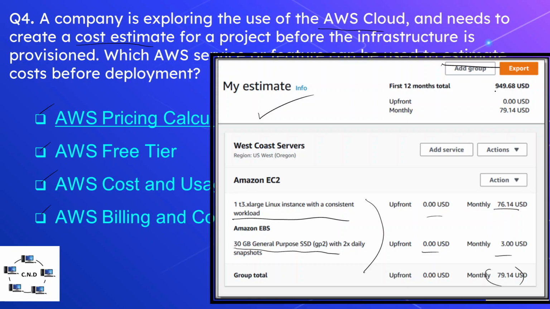The calculator also gives you the 12-month or yearly cost of these resources' usage. So the calculator can give you the upfront estimate, or the future estimate, of your AWS resource usage, and then you can decide depending upon your requirement and budget availability.